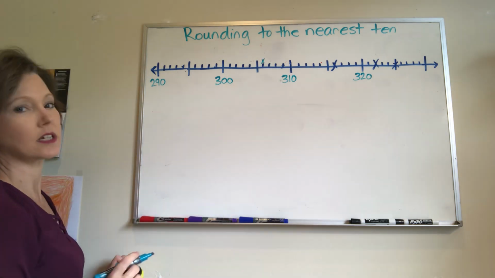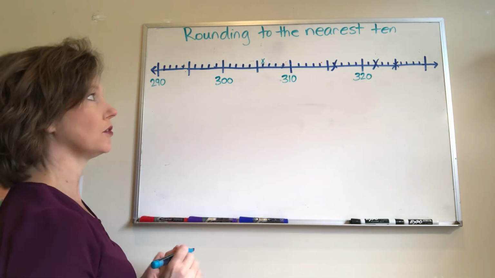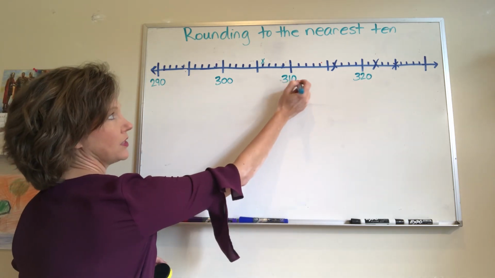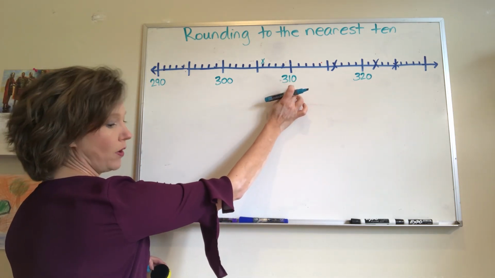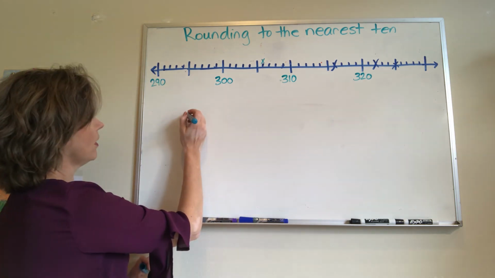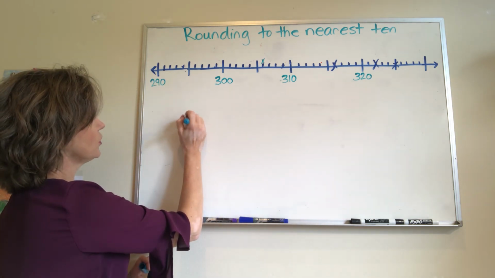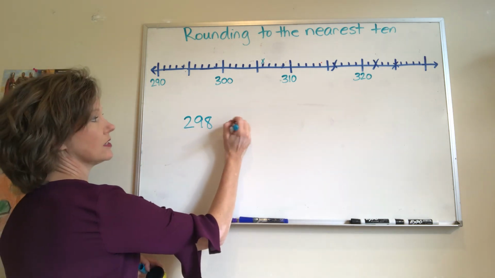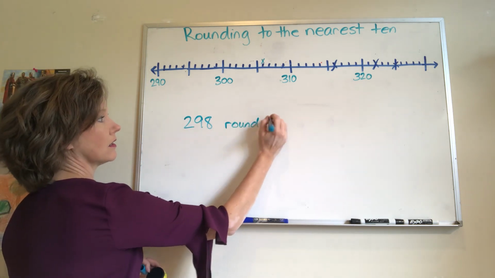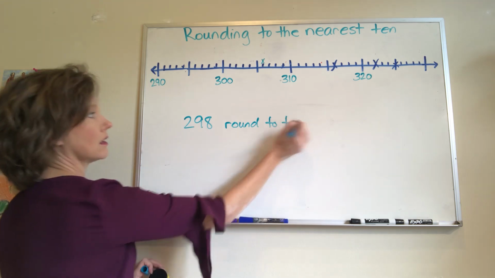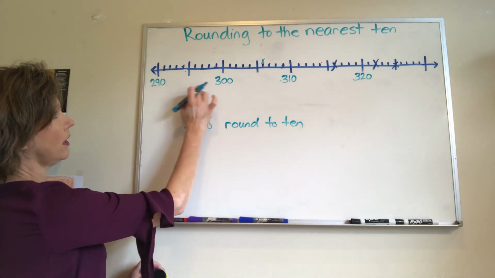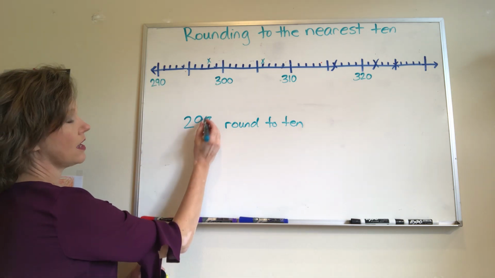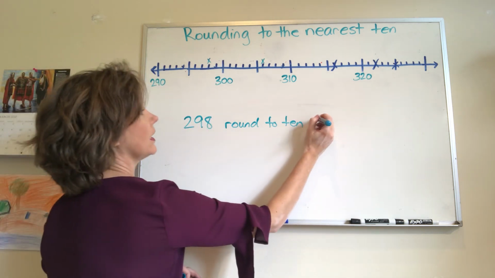If I have 306, how does that round to the nearest 10? Can you write that on your paper, please? It should be 310. What if I have the number 298 rounded to the nearest 10? 298 rounds to the nearest 10 would be 300.